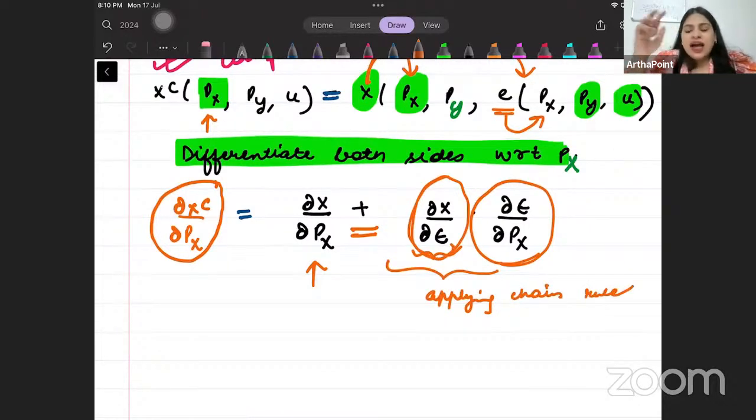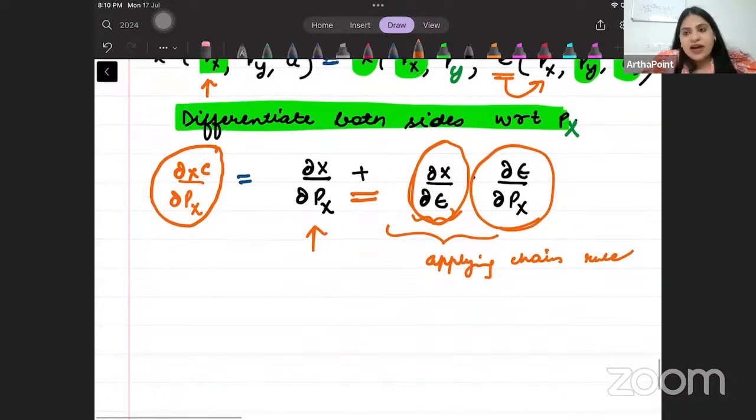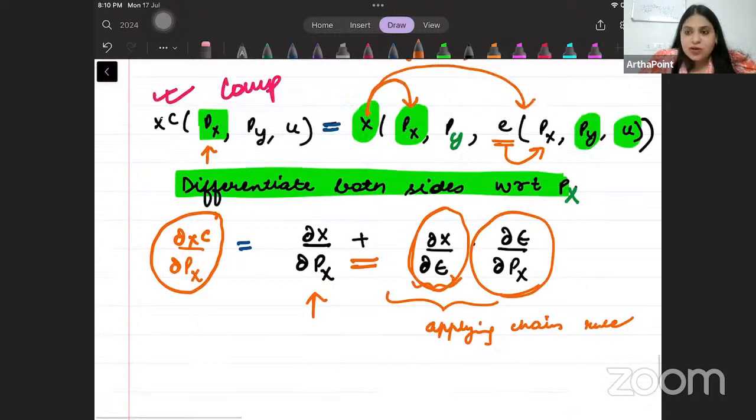I can point you to the maths lecture also in the intermediate videos. You can have a look there and you will do it in maths. Don't worry, but this is required for our part. So try to understand how X changes as PX changes plus how X changes as expenditure changes into how expenditure changes as PX changes.